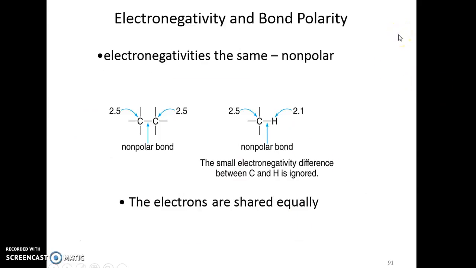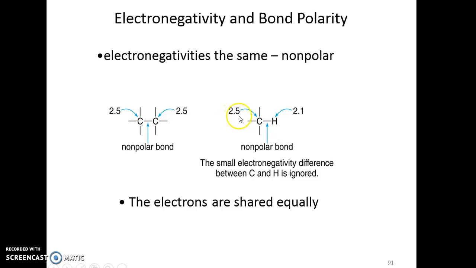Okay, when we look at electronegativity, it's saying how much the electrons are drawn on a particular atom. So if I look at this carbon-carbon bond, they have the same electronegativity, so they share it equally, and there's no shifting of the electrons. However, if I look at an atom with 2 different atoms, there's potential for an electronegativity difference.